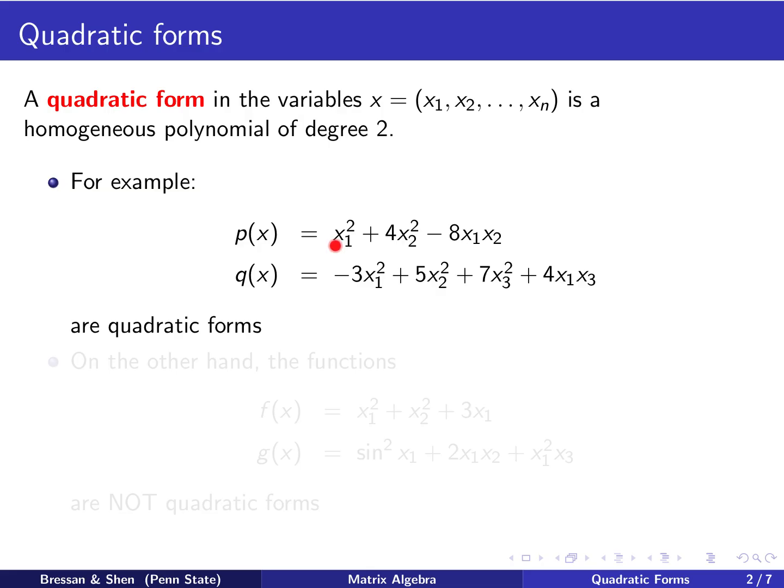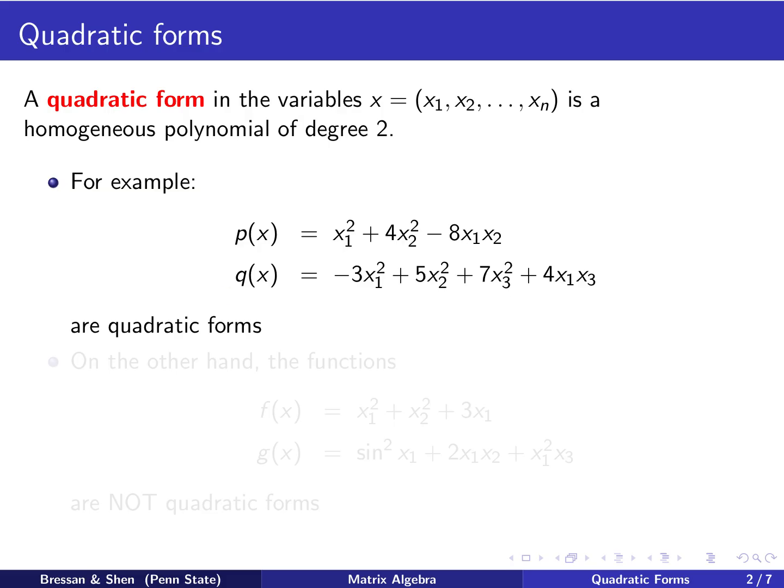The first term is only x1 to the power 2, so that's degree 2. The second one is x2 to the power 2, so that term is also degree 2. And the third term is x1 times x2, meaning x1 to the power 1 and x2 to the power 1, and 1 plus 1 is 2, so the degree of this term is 2.